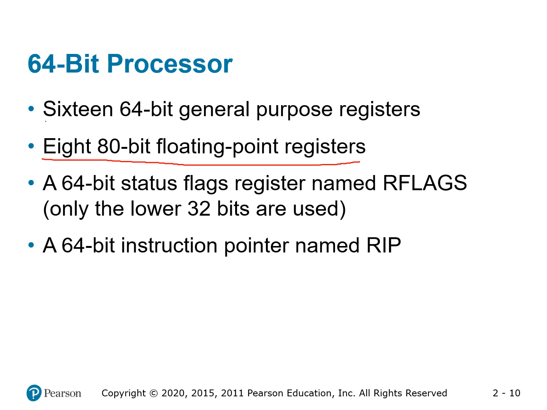For a 64-bit processor, it is a 64-bit status flag register, but it only uses the lower 32 bits, because you just don't have that many flags, so you don't need to use it all. And the 64-bit instruction pointer is called RIP, and in the 32-bit processor, the instruction pointer is called EIP.